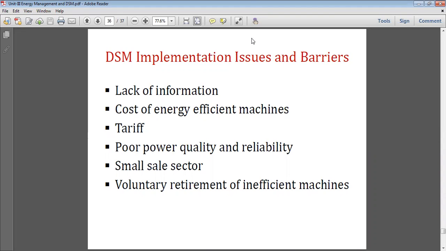He will take permission for a 5 HP pump, and in actual practice the consumer is using a 10 HP pump. So there is a wastage of energy and only a small revenue generation from such a consumer. If such a tariff is there, definitely it becomes a barrier, a hurdle or issue in the implementation of demand side management.